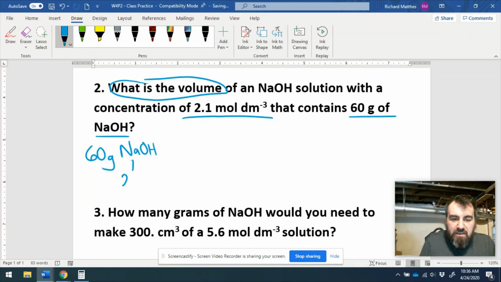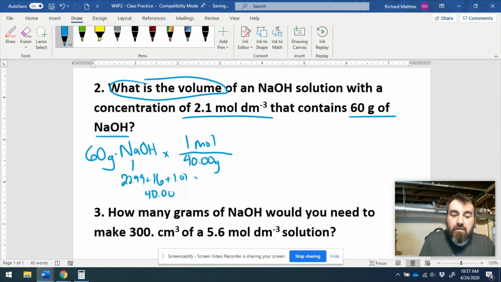Okay, so we've got 60 grams of NaOH. Na is 22.99 plus 16 for oxygen plus 1.01, which gives us a total of 40.00. So we say times 1 mole over 40.00 grams.